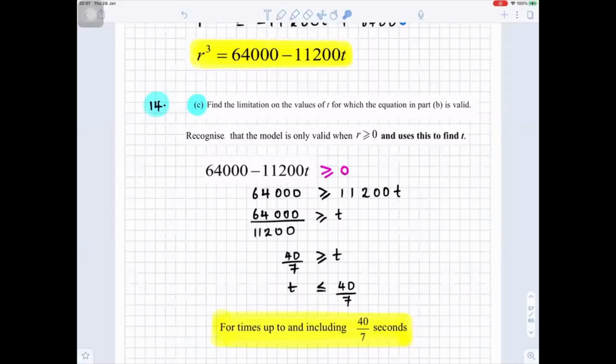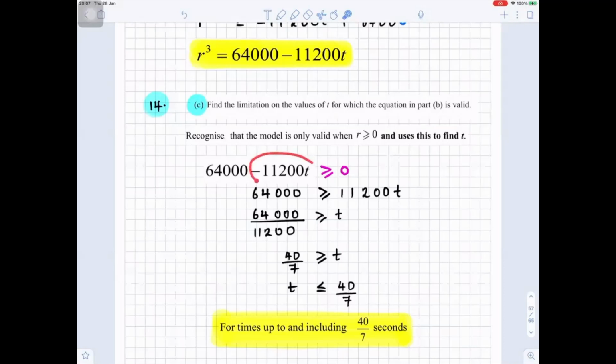Question 14 C: find the limitation on the values of t for which the equation in part B is valid. Recognize that the model is only valid when r is bigger than or equal to 0, and use it to find t. So you can make 64,000 minus 11,200 t bigger than or equal to 0. That's when it is valid.